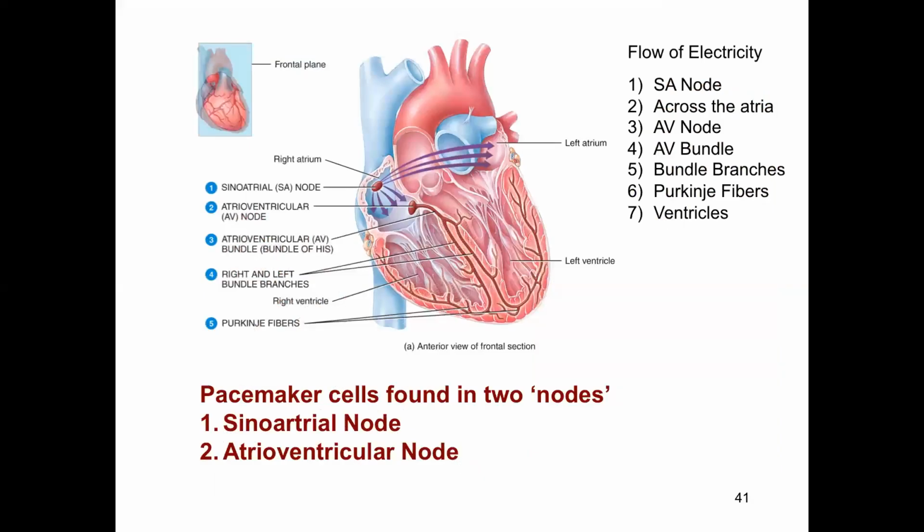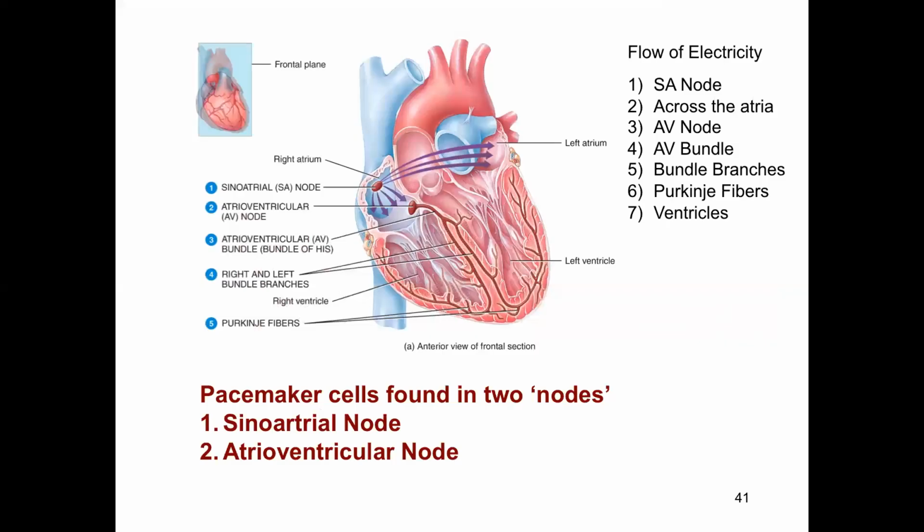So this brings us to the flow of electricity through this muscular heart, okay? If you think back to what we had discussed about the cells that are autorhythmic, I said that we have these autorhythmic cells within the heart, and those were called the pacemaker cells.